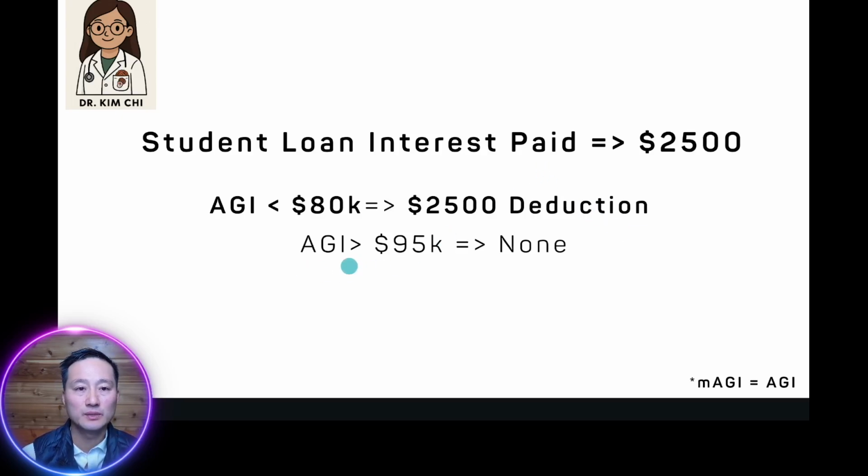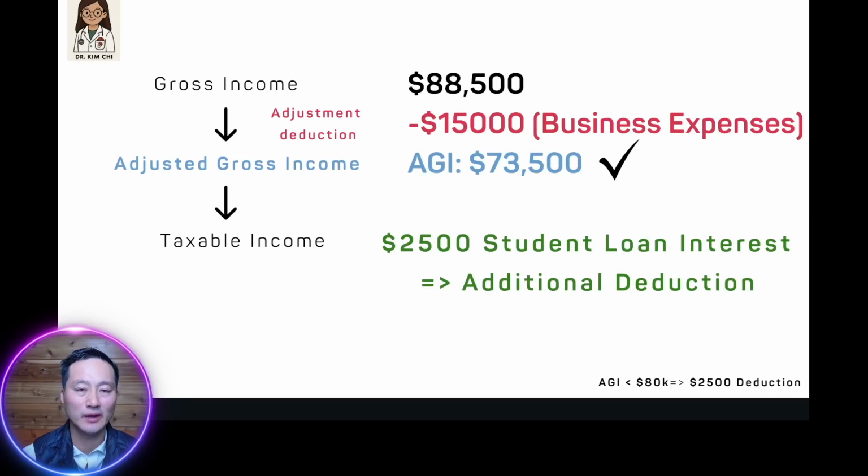Had her AGI been over $95,000, none of that $2,500 would have been deductible. And by the way, the AGI used for this purpose is modified AGI. In her case, it's the same as the AGI, just FYI.